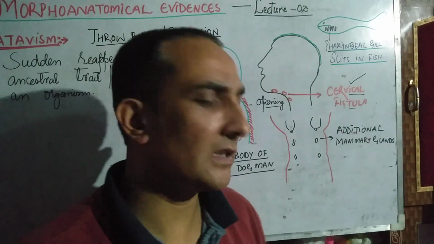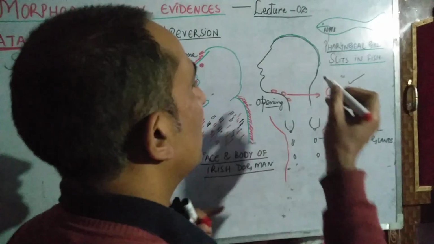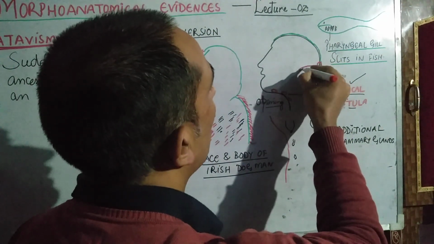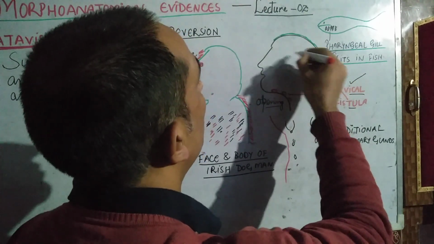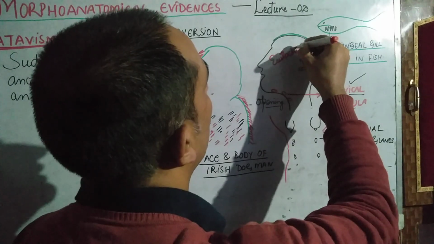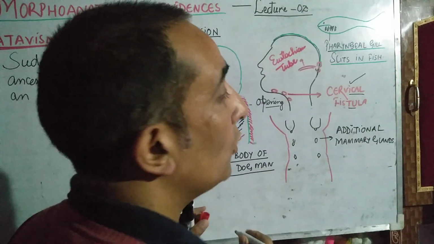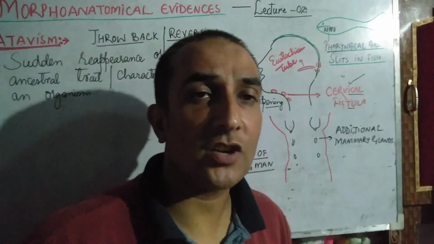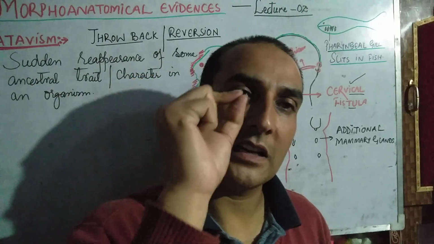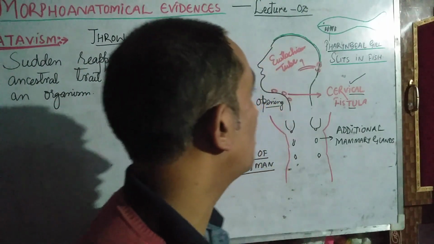In case of human beings, only one pharyngeal gill slit opening remains, and this gill slit opening forms what we call the eustachian tube of our ear. You all might have heard this term eustachian tube. When we study the structure of our ear, in the inner ear there is a tube which connects it with the pinna, which is known as the eustachian tube.